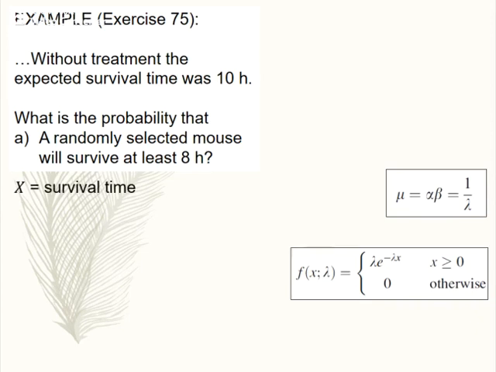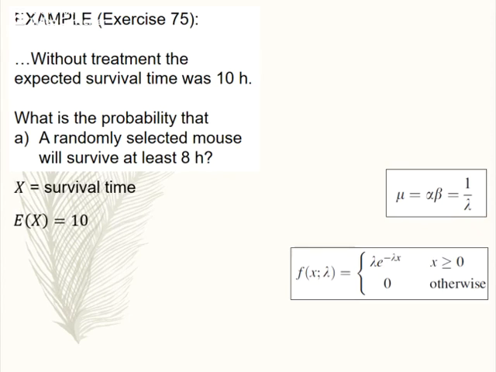The second thing you need to do is identify the distribution that you're using and the parameters. They told you in the question that it's exponential, so that's already a good start. So how do you find the parameter? The question says, without treatment, the expected survival time was 10 hours. In other words, the expected value of x is equal to 10. Just be careful: when they give you the expected value or your mean, that is not your lambda.